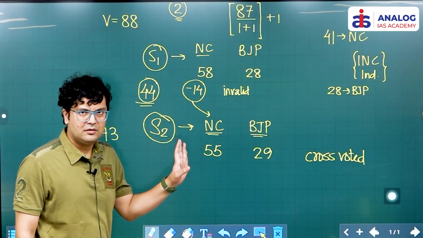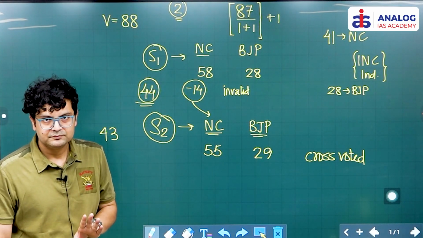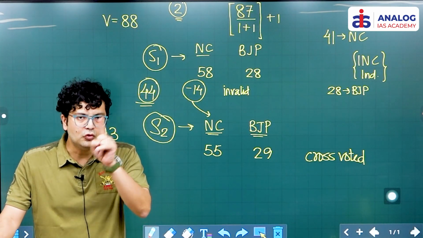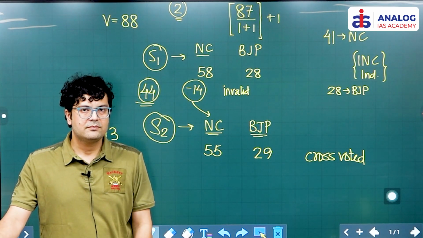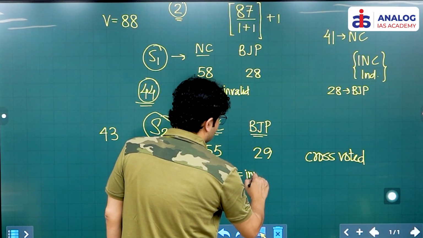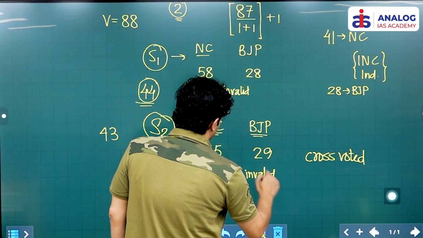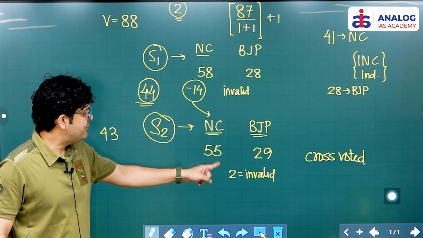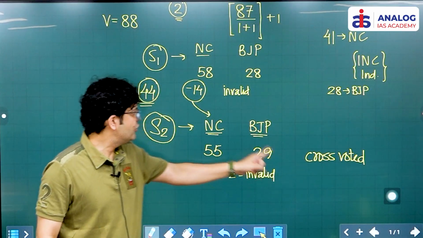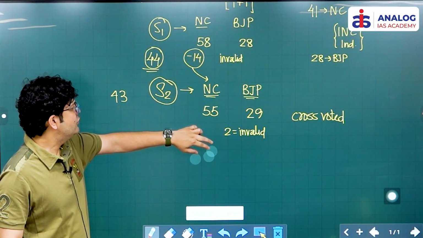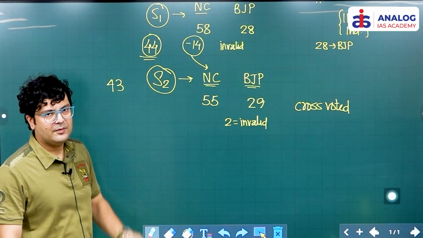Though BJP lost, cross-voting was visible. Apart from cross-voting, 2 votes had also become invalid. So, 1 cross-vote and 2 invalid. That is why 55 plus 2 is 57, plus 1 is 58, because 1 was already invalid and gone. Seat 2 also went to NC comfortably above the quota.